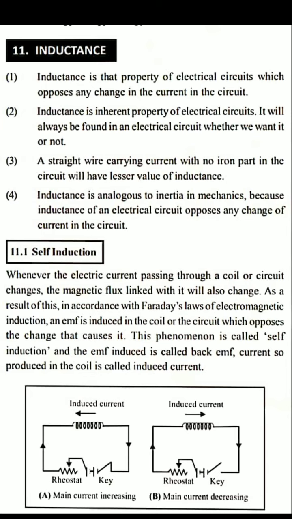So a back EMF is produced in the opposite direction of the main current direction, which tries to oppose the change in current. This is called induced EMF or back EMF, and due to that back EMF a current is induced, called the induced current, and this induced current direction is opposite to the main current direction.